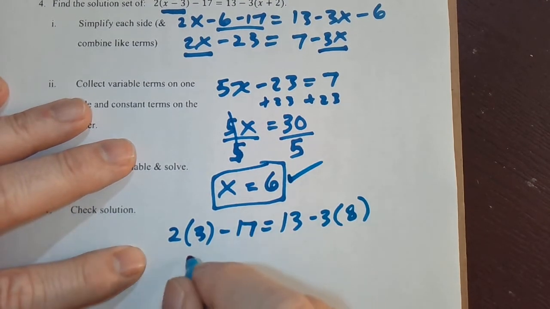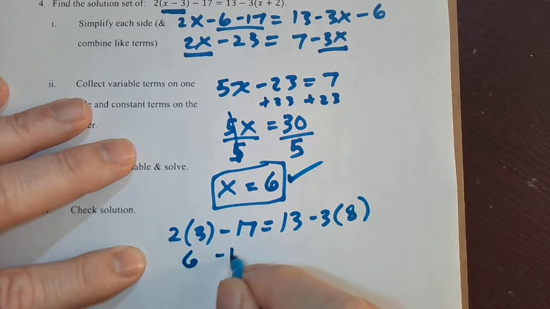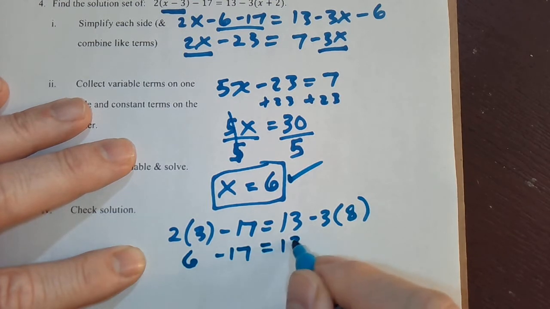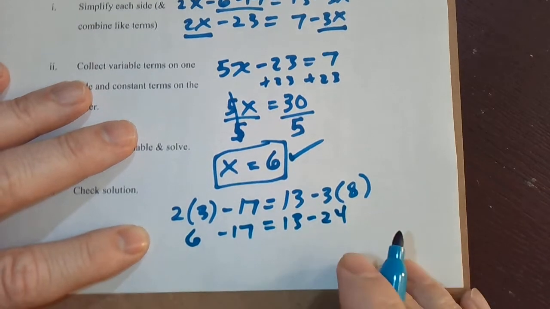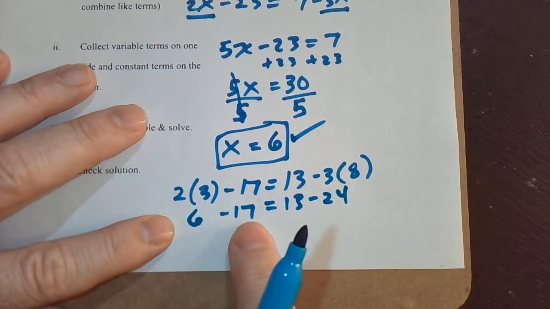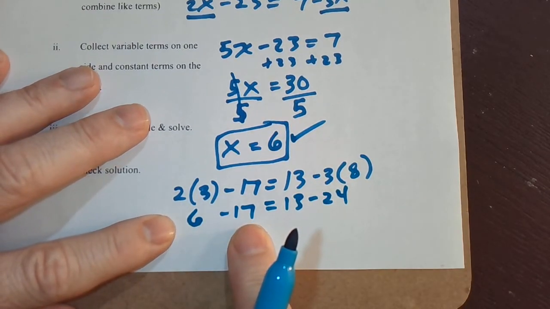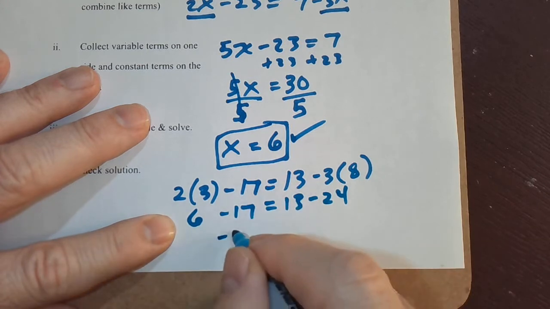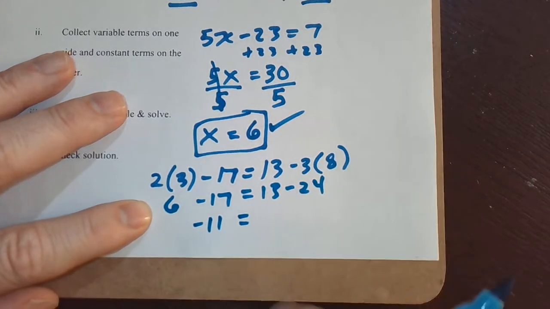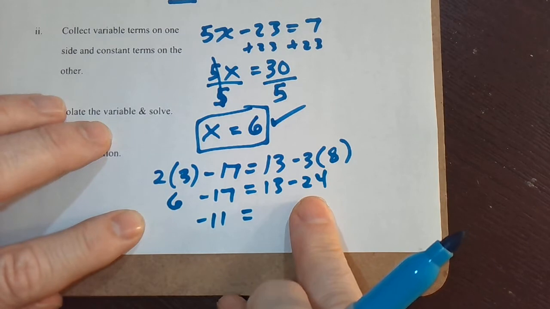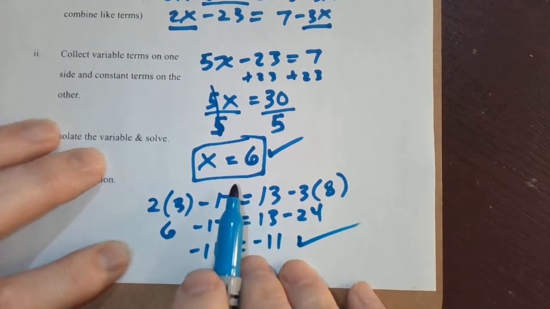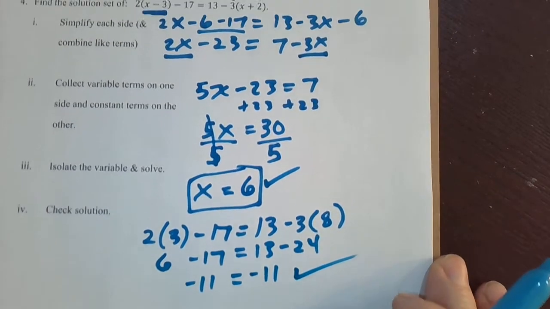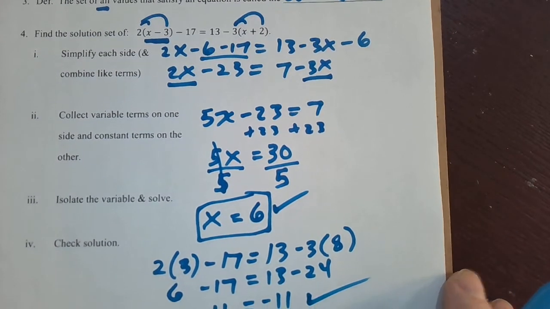So what does that give us? We get a 6 here, minus 17, equals 13 minus 3 times 8 is 24. 6 minus 17, what would that give us? Negative 11 equals 13 minus 24 also gives us negative 11. So this x equals 6 is the solution to this equation.